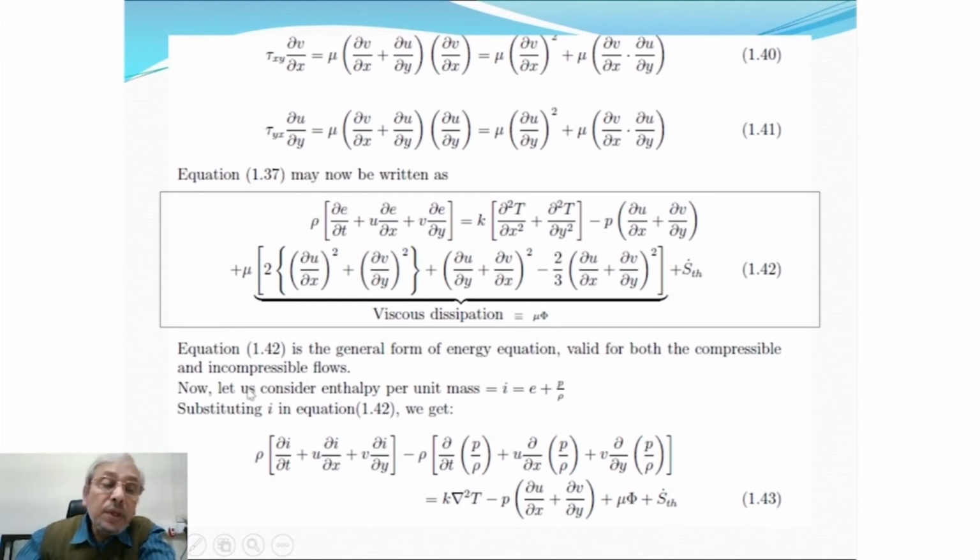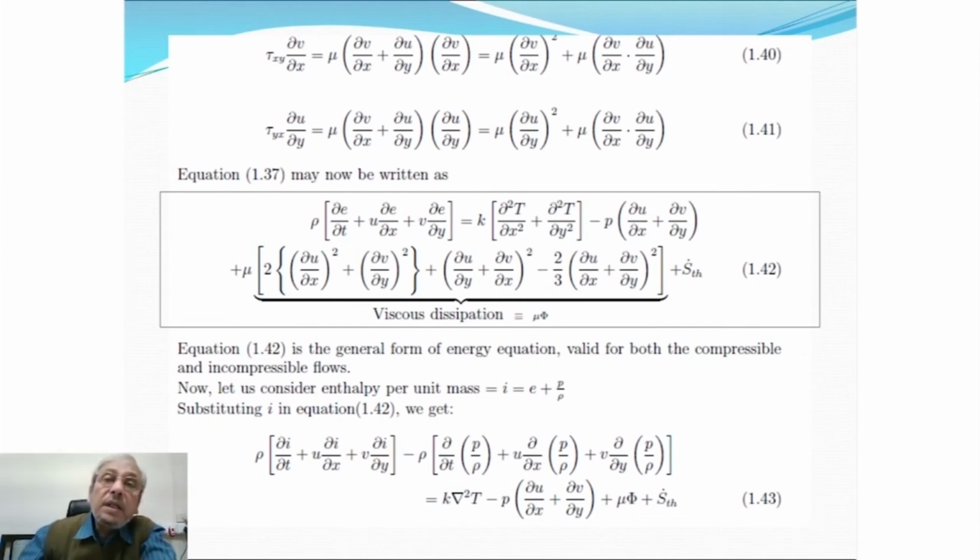Now let us consider enthalpy per unit mass. It is given by I equal to E plus P by rho. It is a very well known term in thermodynamics, but in thermodynamics course you have written this as H equal to U plus PV.